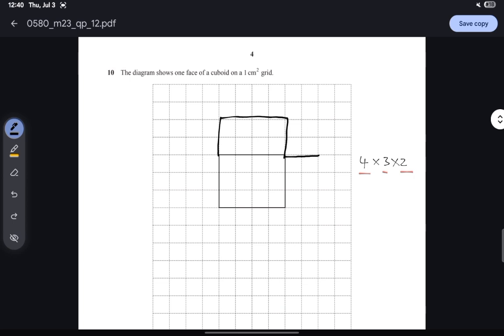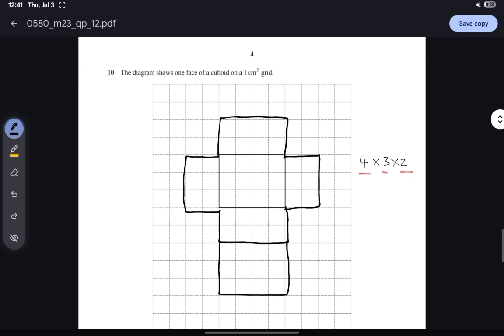Then we put this, then we put this, right? Then we put this would be by 2, then we put by 3, like this. Do you see it?